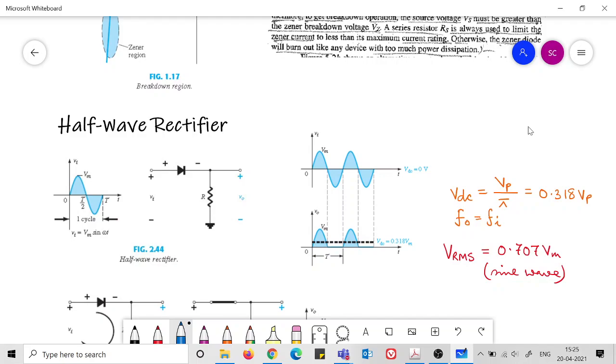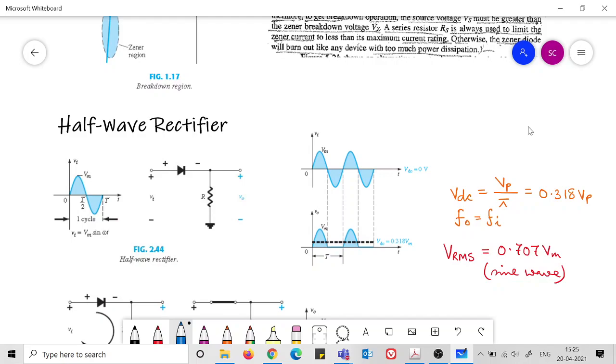For a half wave signal like this, you will be able to calculate that it is Vp by pi. Vp is the peak voltage, the maximum voltage. So Vm or Vp is the same actually. Some books mention it as Vm, some books mention it as Vp.